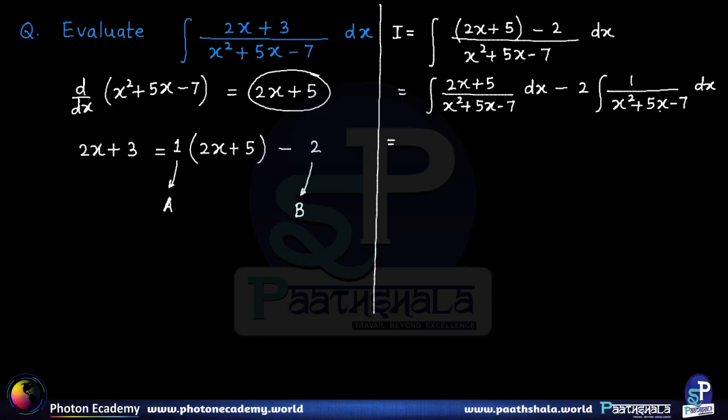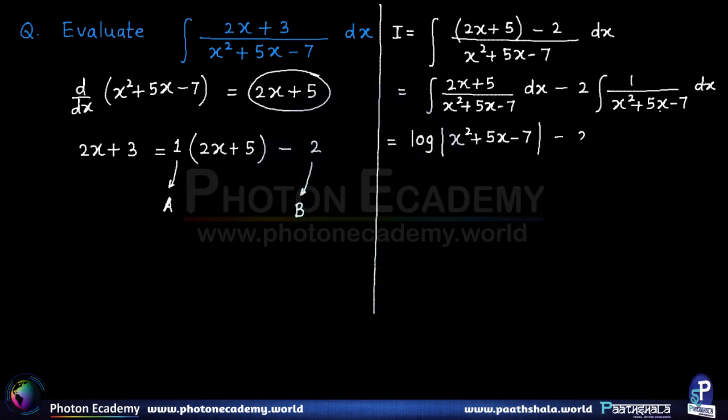Now we know that the first integral is the log of the denominator, that is log of x square plus 5x minus 7, minus 2 times. Now we have to solve this particular second integral by completing the square. So just for the sake of simplicity, let's call it as I1 and solve it separately.